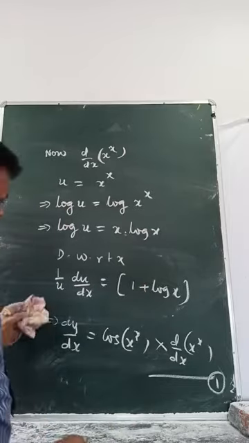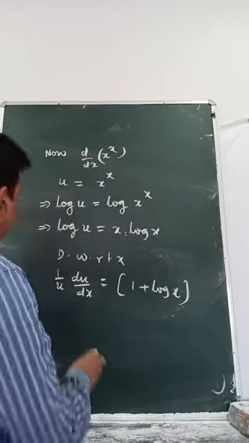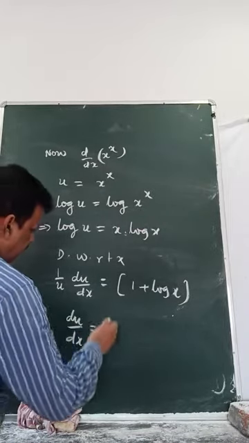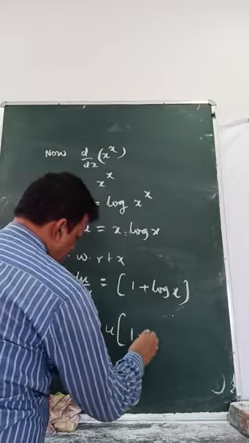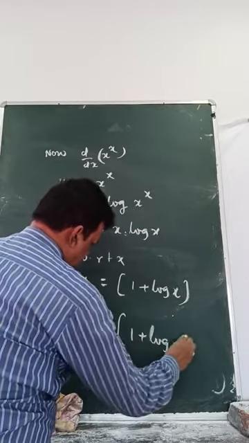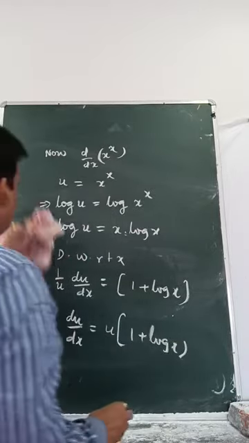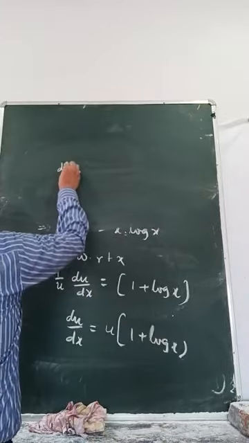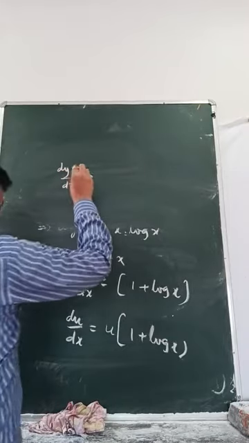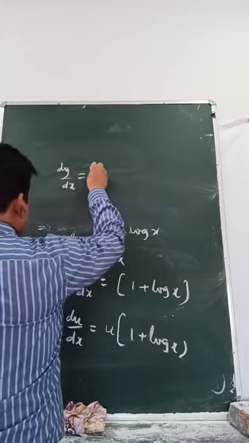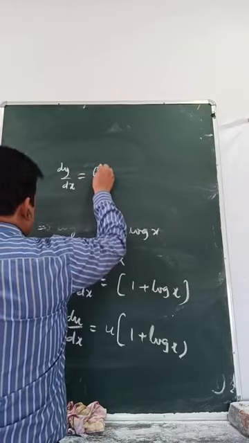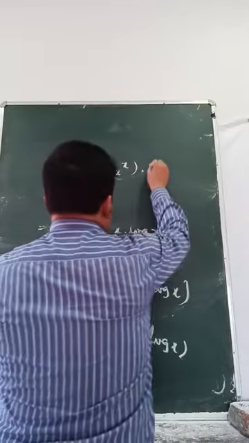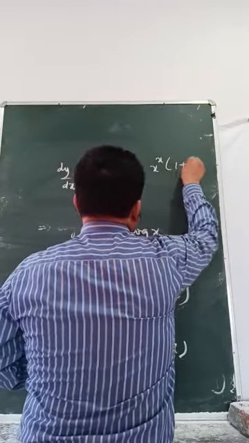So finally, what is du by dx? So u comes here, 1 plus log x. So finally dy by dx equals cos x to the power x times u, meaning x to the power x into 1 plus log x.